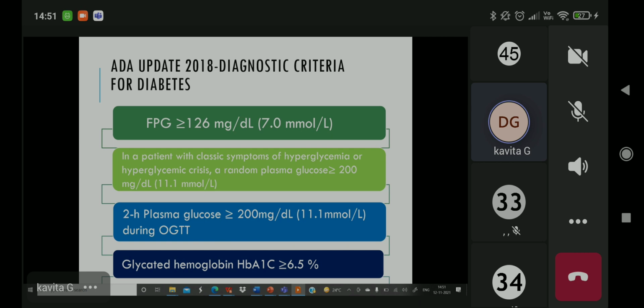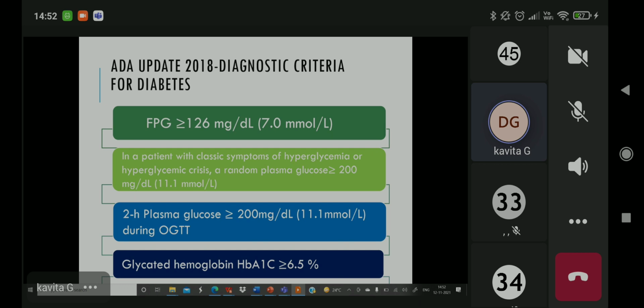The second thing is, what is the second diagnostic criteria? You have a patient who already has classic symptoms of hyperglycemia. However, when you did a random plasma glucose, you saw that it was way above, more than 200. 2-hour plasma glucose is more than 200 during an OGTT. And then this one, I would say the first and the fourth are the criteria that are used in modern medical practice.